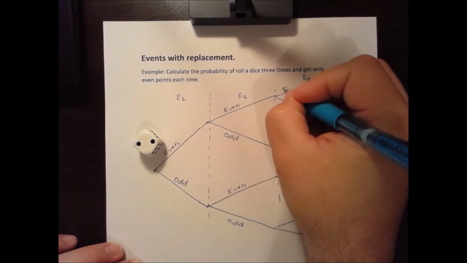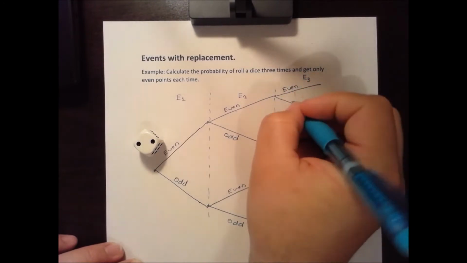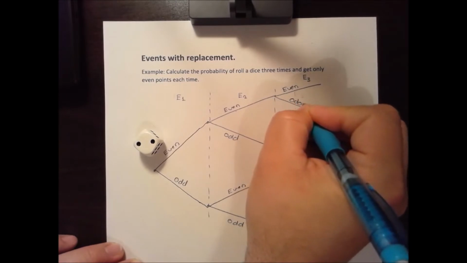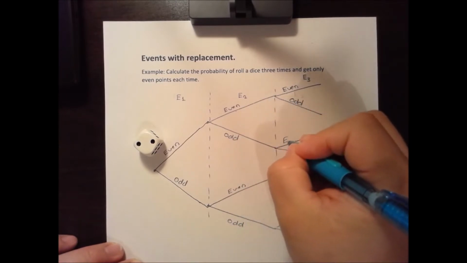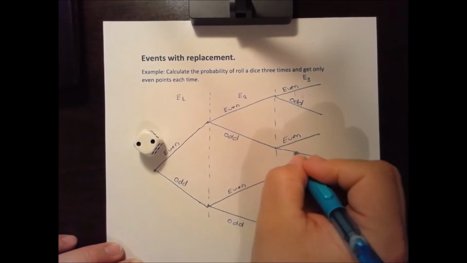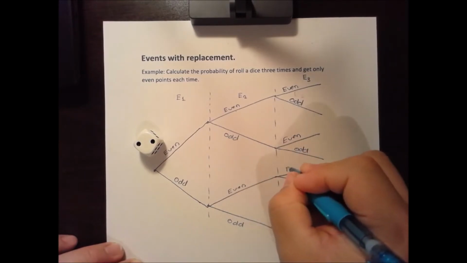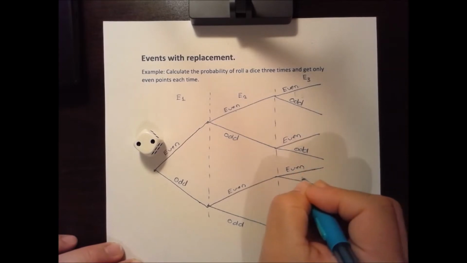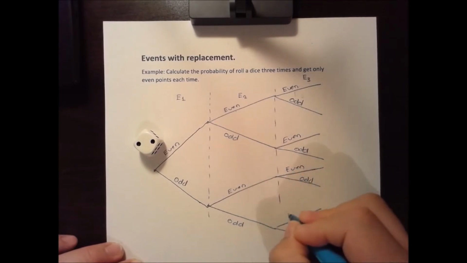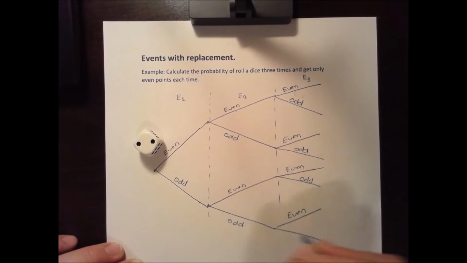So here you can have even or you can have odd, even or odd, even or odd.